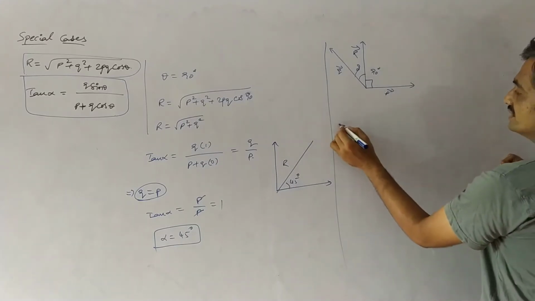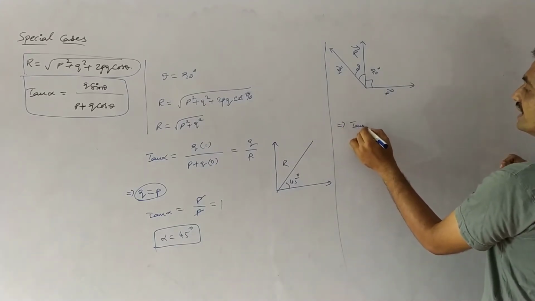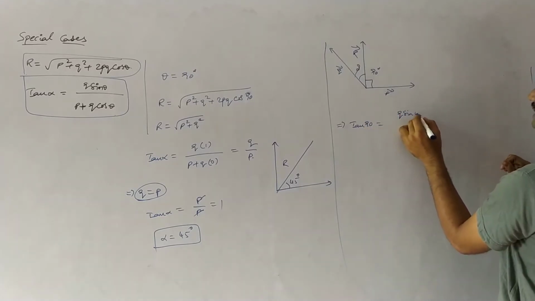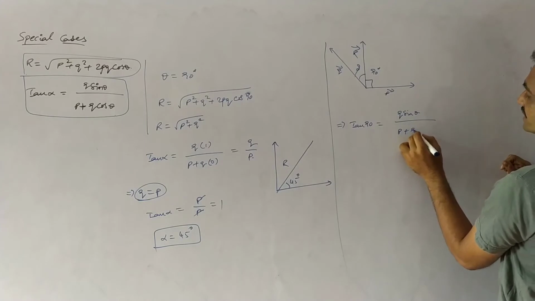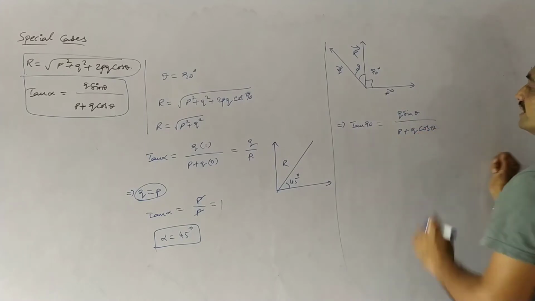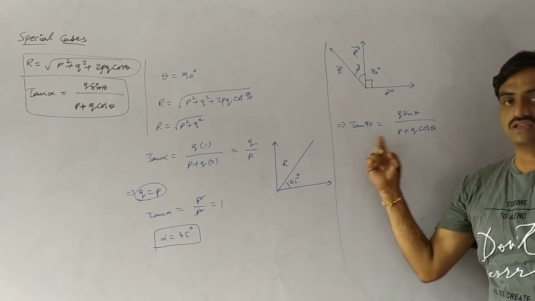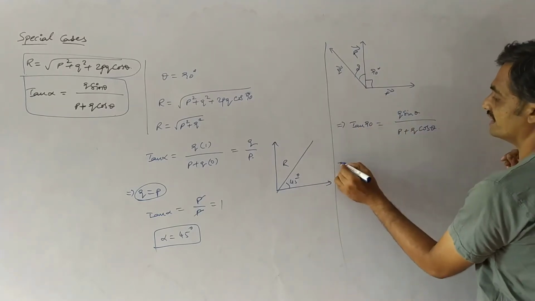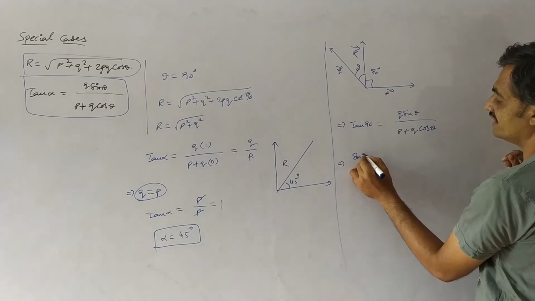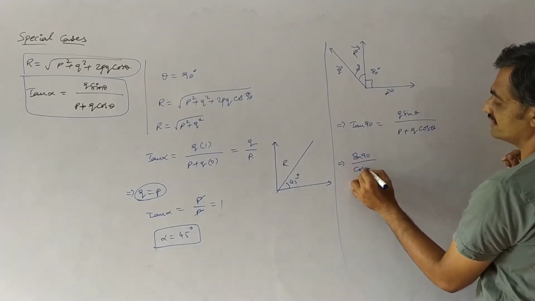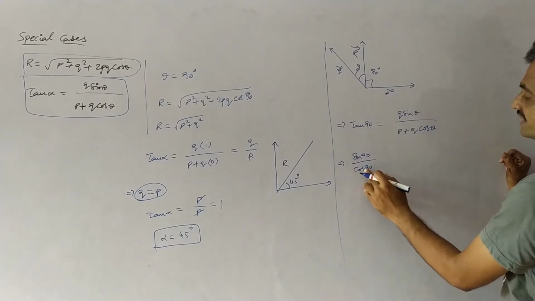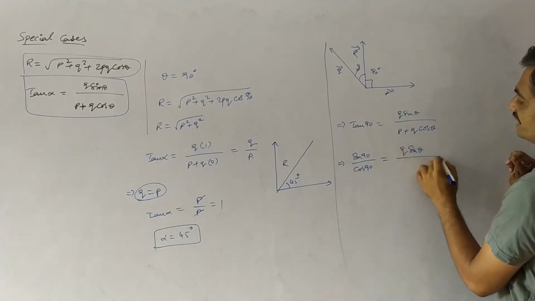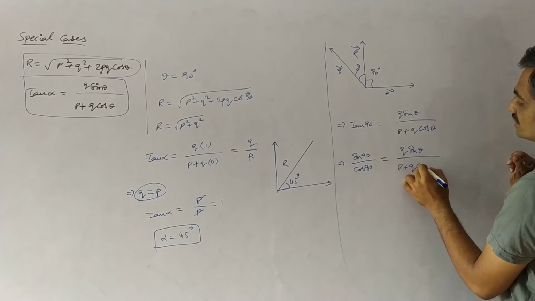Then the direction is given as tan 90 equals q sin theta by p plus q cos theta. Here we know that tan 90 is infinity, so we cannot apply it directly. What we do is we split the tan 90 as sin 90 by cos 90, which equals q sin theta by p plus q cos theta.